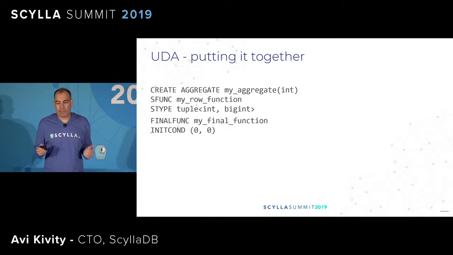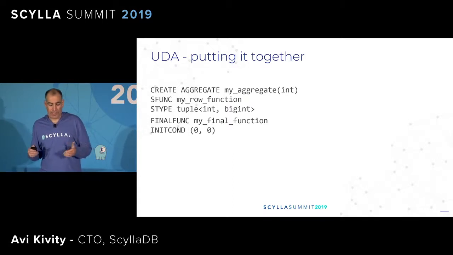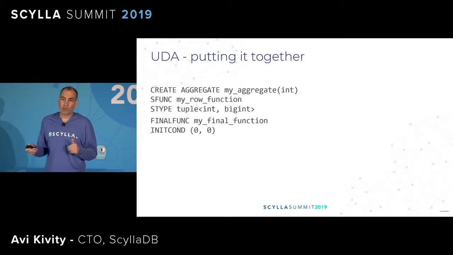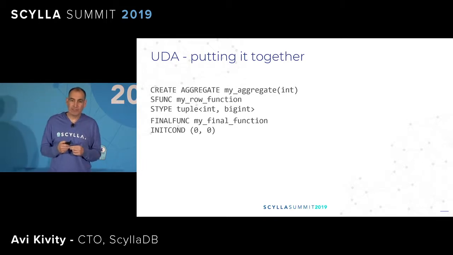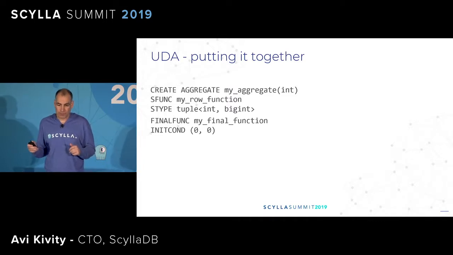We tell the database what the type of the state variable is, our accumulator, and we tell it how to transform the accumulator into the values that will be seen by the client. And we have to specify the initial values for the accumulator, which in this case is 0, 0: 0 rows already read and 0 values already summed.